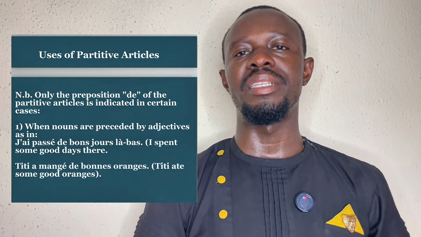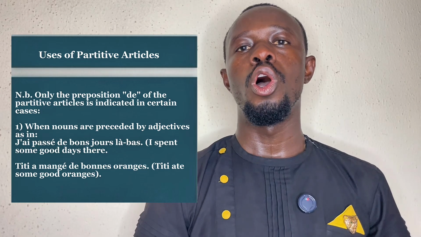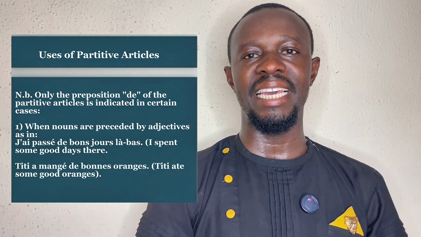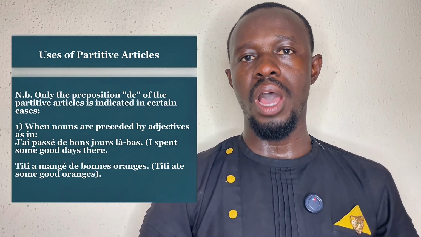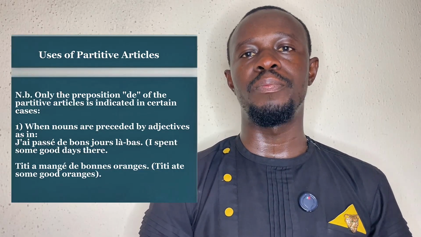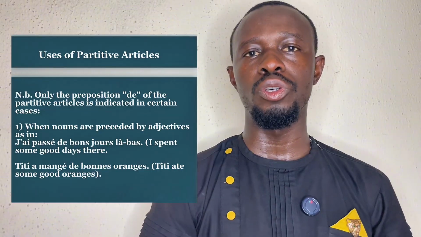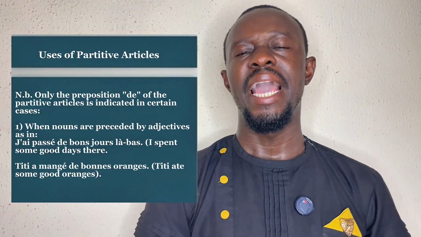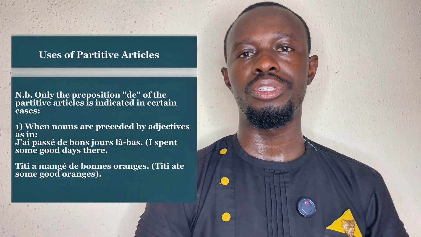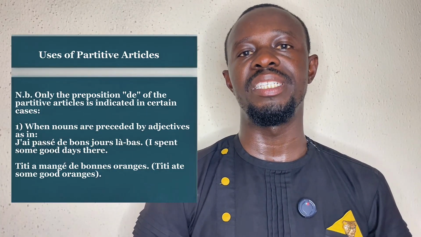Now, I want you to know that only the preposition de of the partitive article is used in certain cases. One, when nouns are preceded by an adjective, as in, j'ai passé de bons jours là-bas. I spent some good days there. Titi a mangé de bonnes oranges. Titi ate some good oranges.